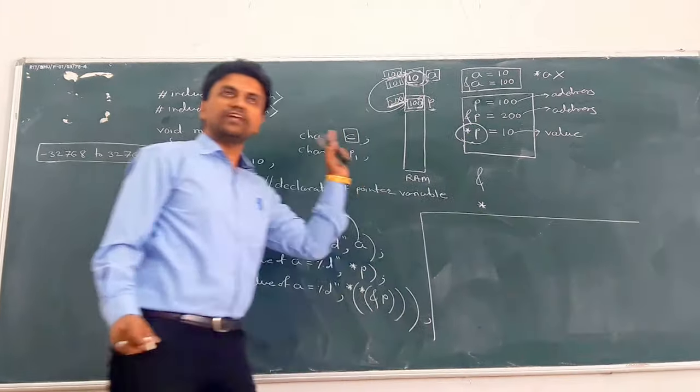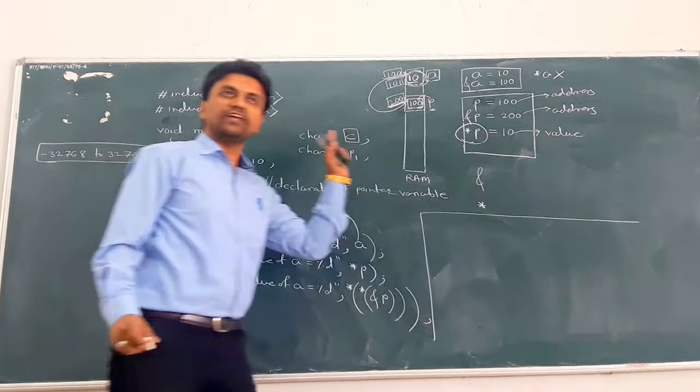This is the only direct way we can access the value of a variable, and these are different indirect ways we can access the same value of a variable. But there is another way also. Printf "value of a is equal to %d", comma.